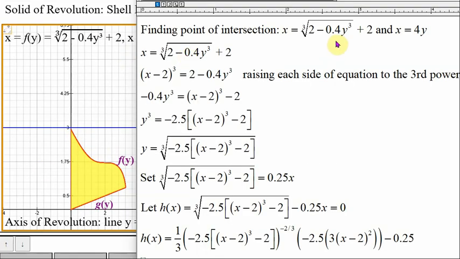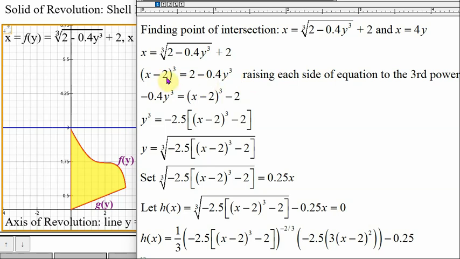To find the point of intersection, first I'm going to go ahead and solve both of these equations for y in terms of x. So this first equation right here: first subtract 2 from both sides, and then raise each side of the equation to the third power, and then we get this line right here.